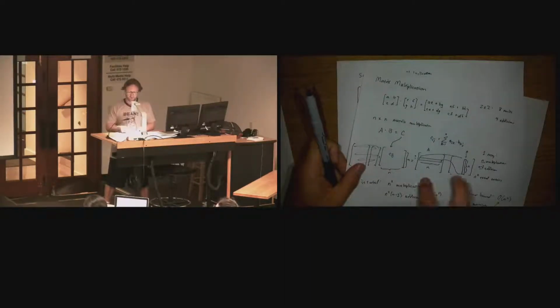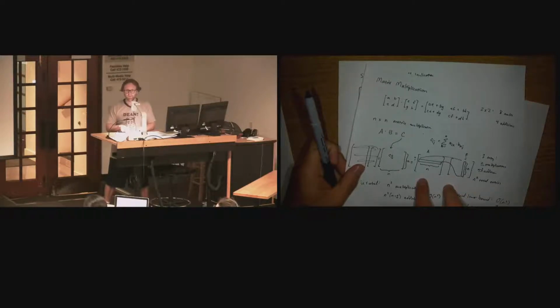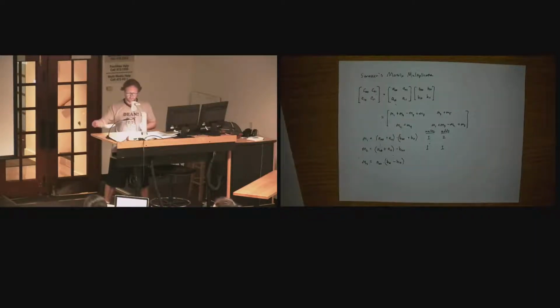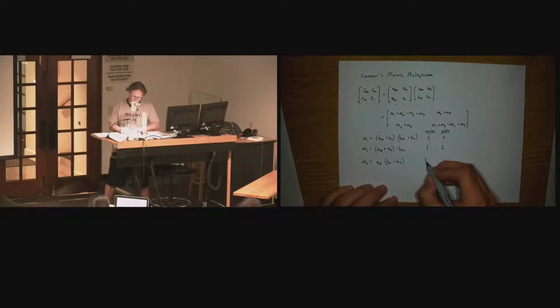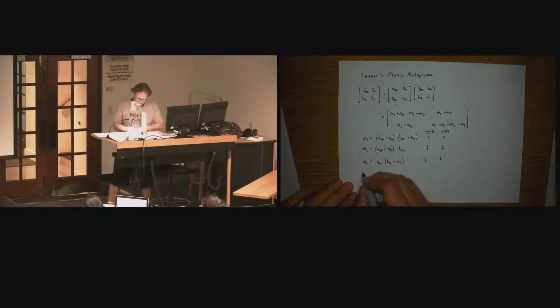Is any matrix A times matrix B commutative? No, you can't do that. So the order matters here. Keep that in mind. There's one multiplication, and even though this is a subtraction, I'm going to count it as an addition. Why? How can I rewrite a subtraction as an addition? You add the negation, right? So it's the same thing.